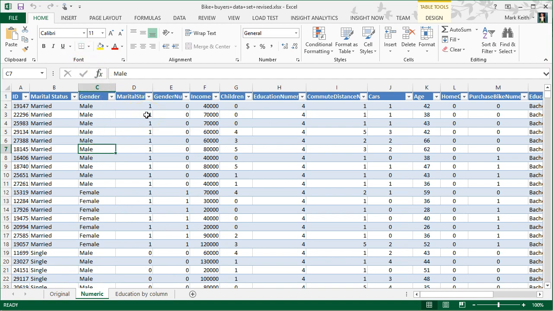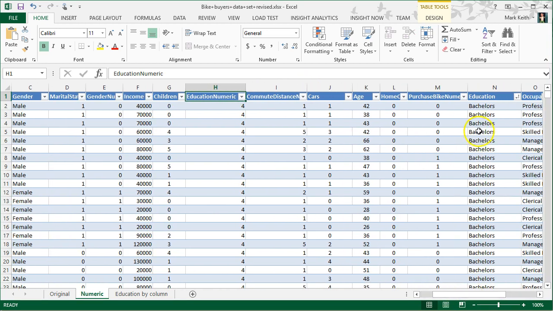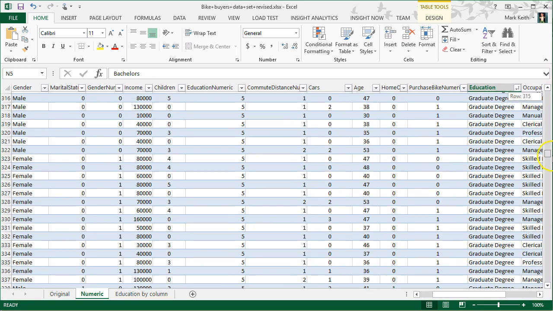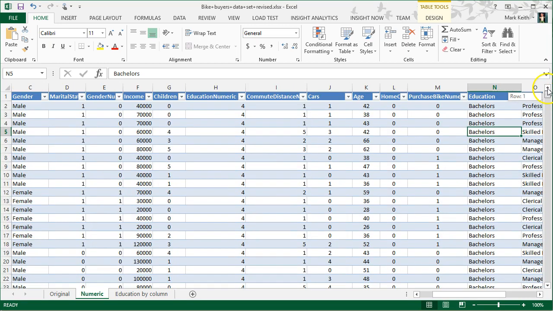Let's pick 2 variables. How about number of children and, notice also with education. Previously, education was represented by bachelor's, graduate degree, high school, partial college. Since there's 5 values, I can't necessarily turn that into the numbers 1, 2, 3, 4, 5, unless there's actually an order to these variables.